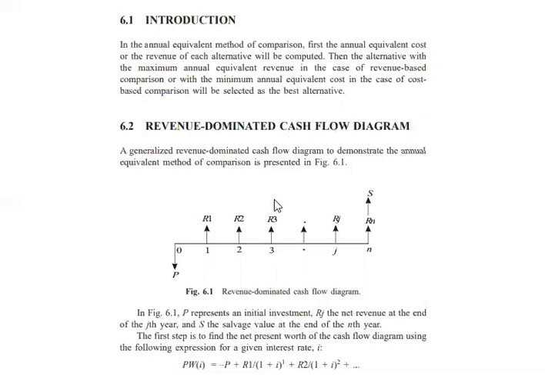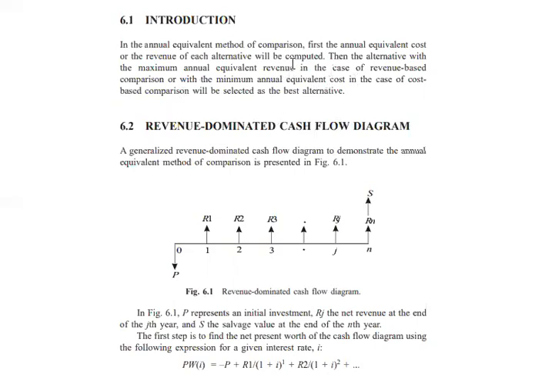With that we will get the maximum equivalent revenue in case of revenue based comparison, or the minimum amount of annual equivalent cost in the case of cost based comparison, which will be selected as the best alternative. So you have to understand that clearly.